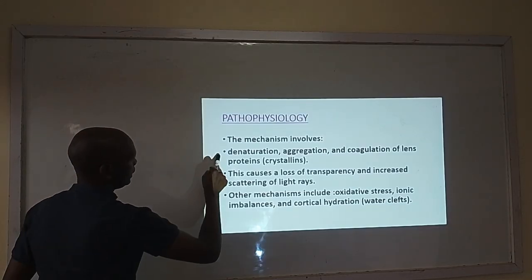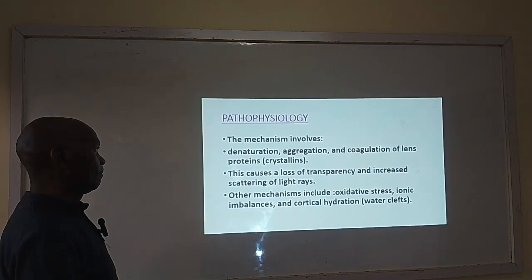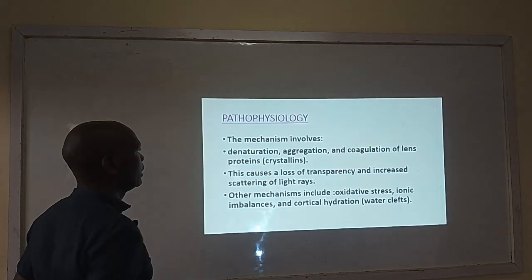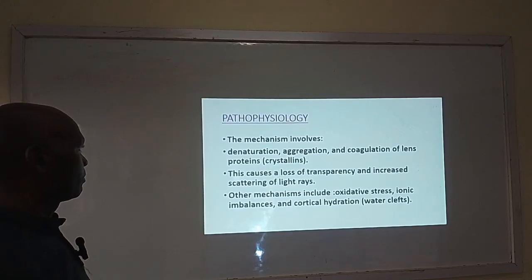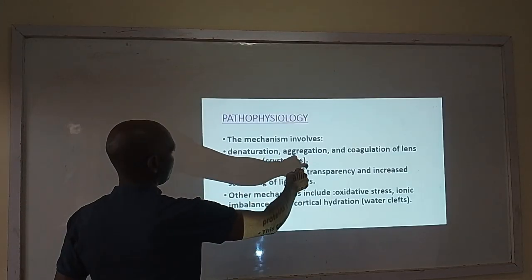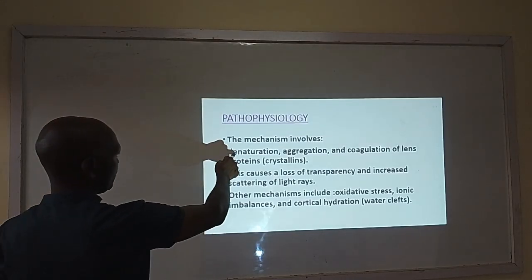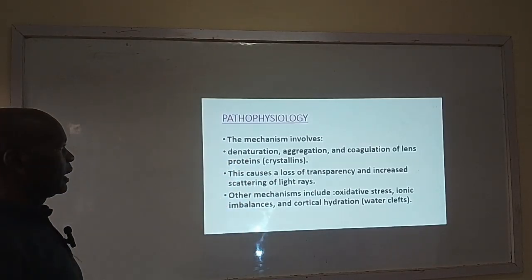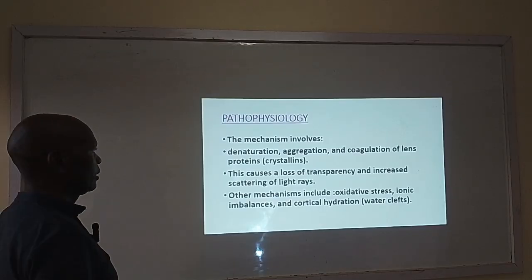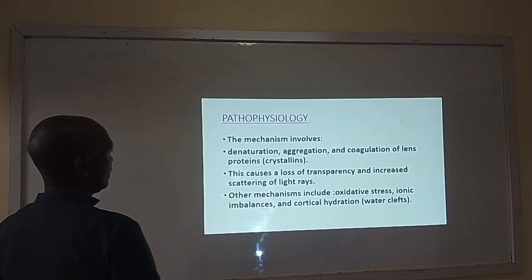There is what we call denaturation of proteins. There is aggregation and coagulation of lens proteins, what we call the crystalline proteins. So when there is denaturation, aggregation and coagulation of lens proteins, then it will change.